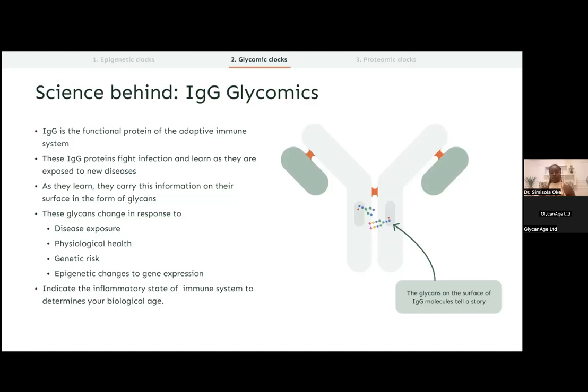They also change in response to your physiological health, genetic risk, and epigenetic changes in your gene expression. Within that glycan, that language on this protein, there is a huge amount of information, and it can really help indicate the inflammatory state of the immune system. That is what glycomics is looking at in order to determine your biological age.